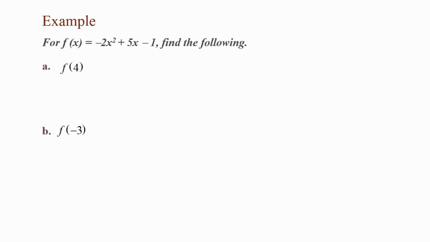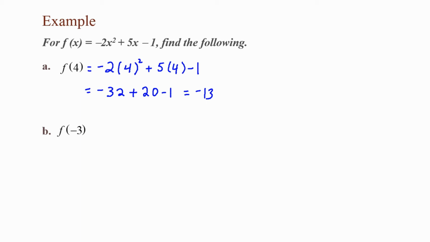So replacing our x with 4, this equals negative 2 times 4 squared plus 5 times 4 minus 1. 4 squared is 16, and negative 2 times 16 is negative 32, plus 5 times 4 is 20, minus 1. Negative 32 plus 20 is negative 12, minus 1 is negative 13. So f of 4 equals negative 13.